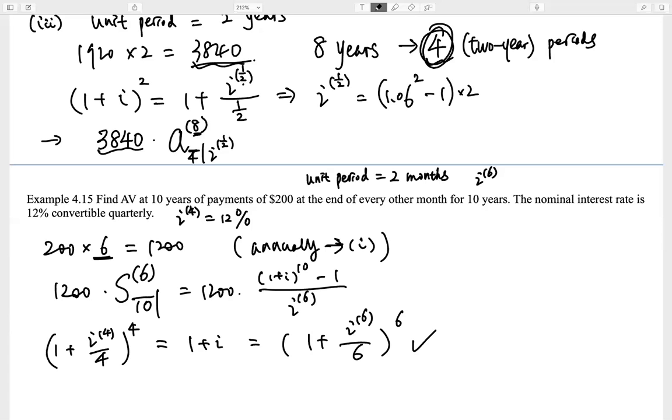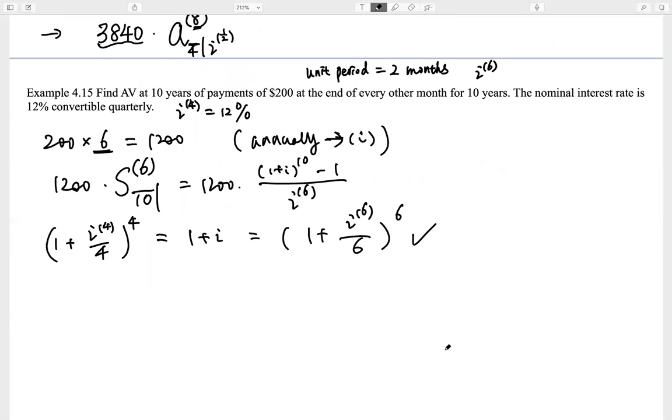Of course, there is more than one way to do this. For instance, this is one method. I can directly do the computation because I know the size of each payment is 200. I use my standard S. I just need to find the number of payments.